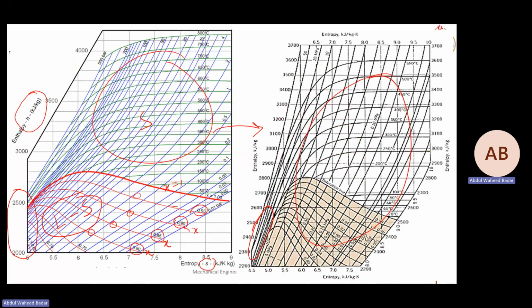Okay, because the same 2 charts you will be using in nozzles. In nozzles, you are here all the time. In turbines, you are again here. So for the next 2 chapters after gas turbine, nozzles and turbines, it's better to use this chart directly.